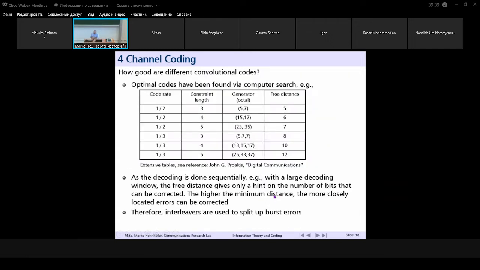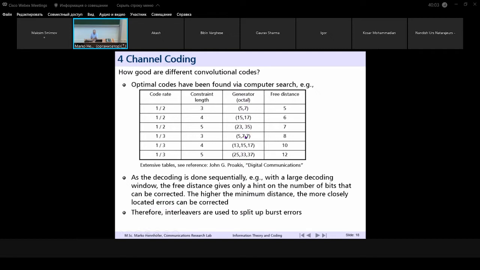Okay. Actually, here I copied the table with the optimal codes, meaning reaching the maximum free distance for given parameters, where the parameters are the code rate and the memory. So how large is my memory shift register and how many redundant bits do I want to introduce?